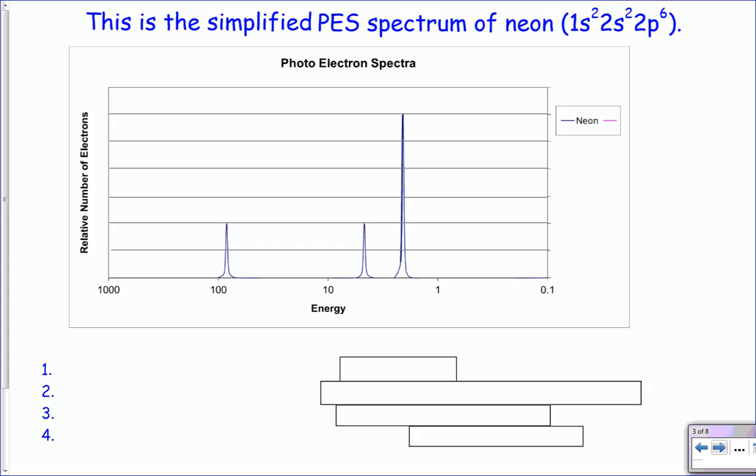Now, when you take a look at this diagram, this is actually a simplified PES diagram, and what that simplified term really means is when we're looking at removing electrons from a particular sublevel, so let's say the two electrons that are in helium's 1s sublevel. Well, we have two electrons, and electrons inherently will repel each other.